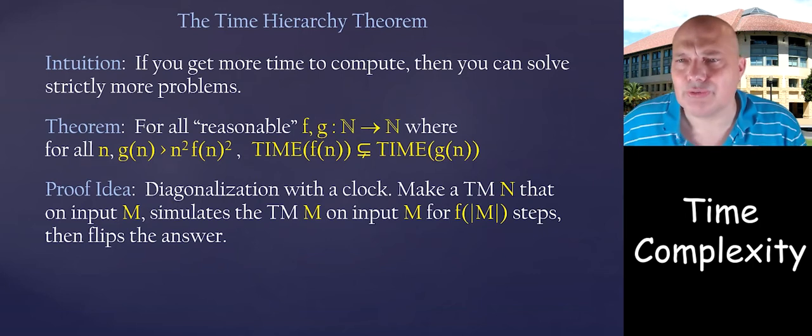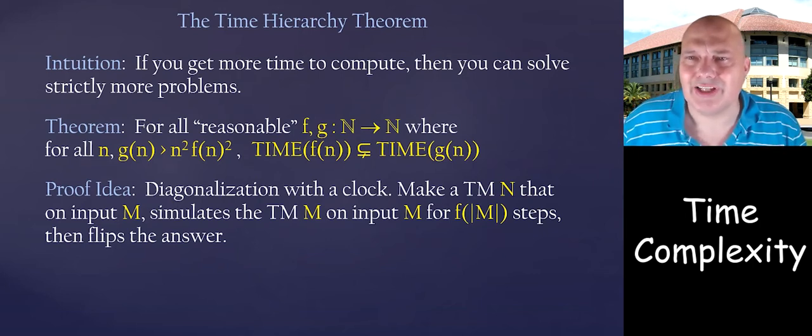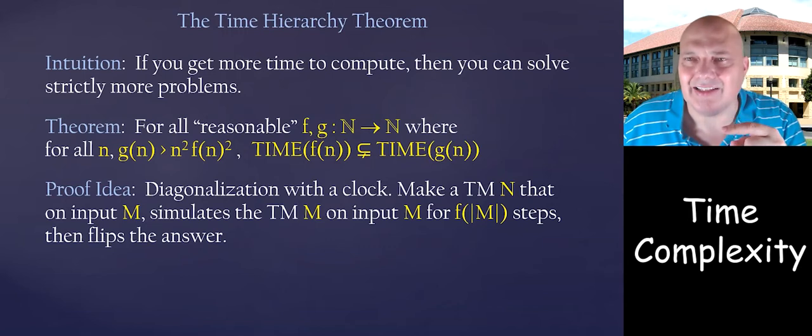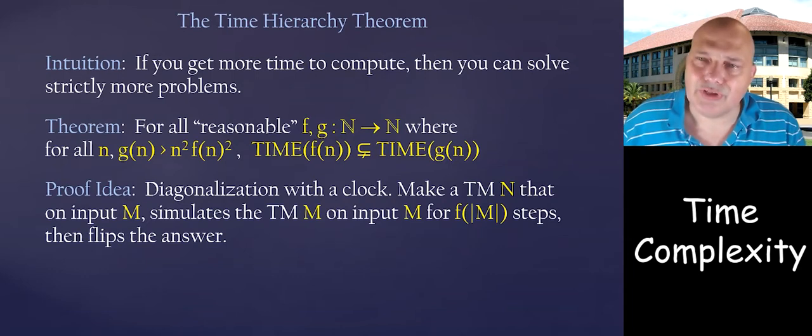How can we make sure that all of our machines run only in time f of n? We will actually enumerate all machines, but we will add to them a clock. So these machines, we're going to cut them off after f of n steps. To do that, we need f to be reasonable.